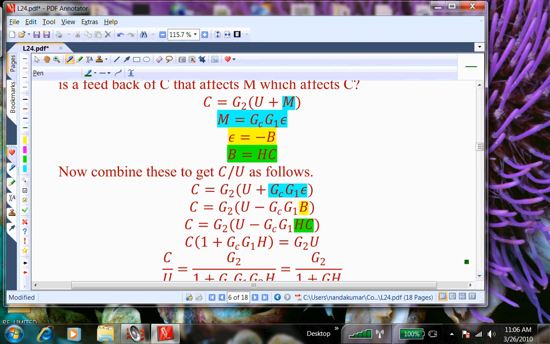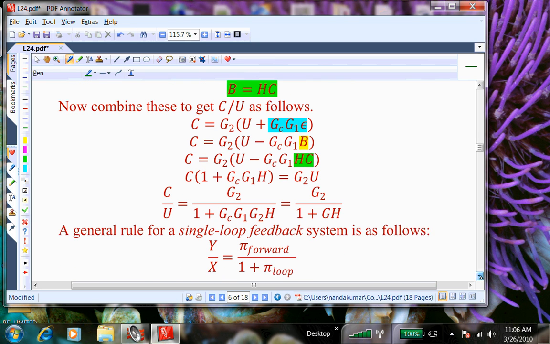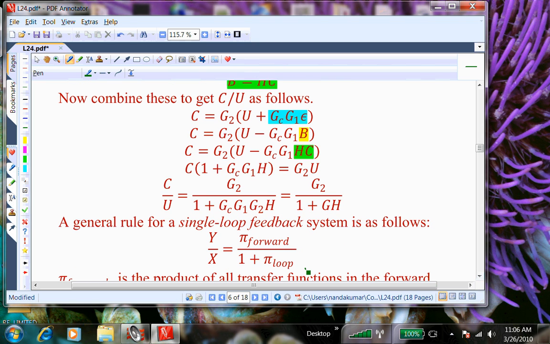Here I'm just showing the algebraic manipulation for this particular part, so I will let you look at that. But if you cannot remember this rule, I can put it in a formula sheet. Y versus x, output to input, is the product of all the transfer functions in the forward path divided by 1 plus all the transfer functions in the entire loop.